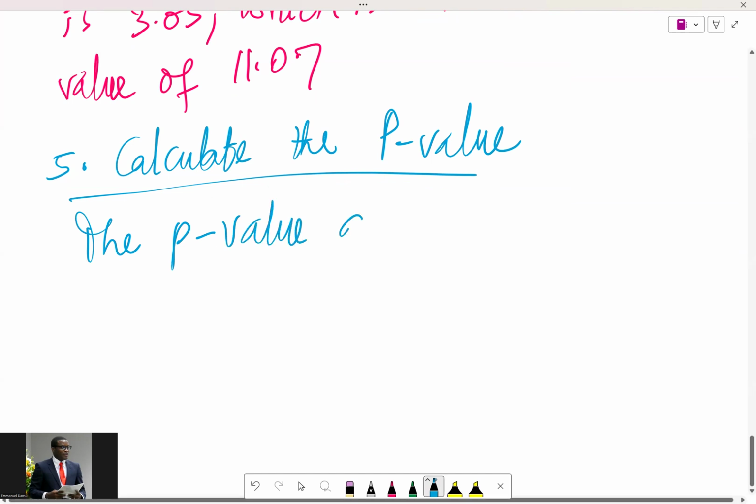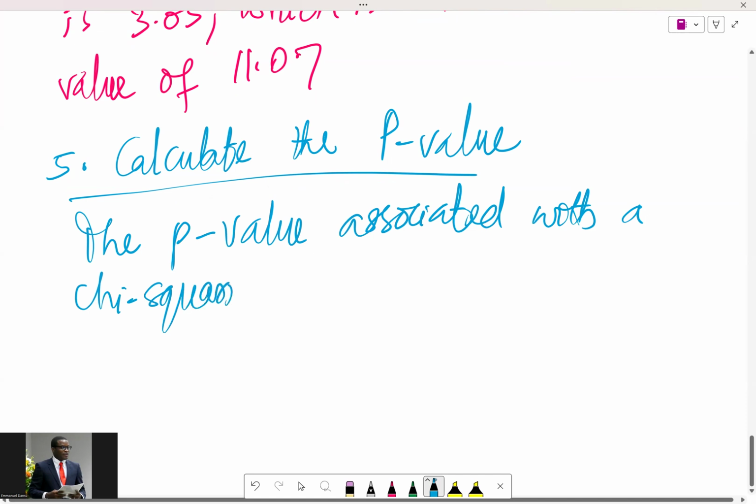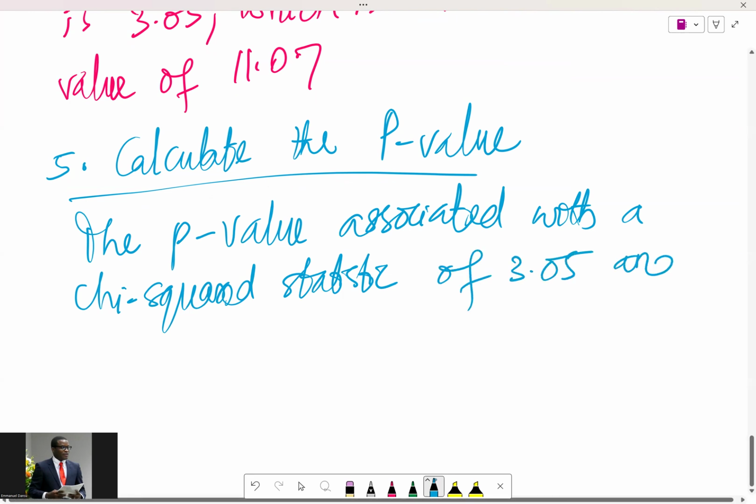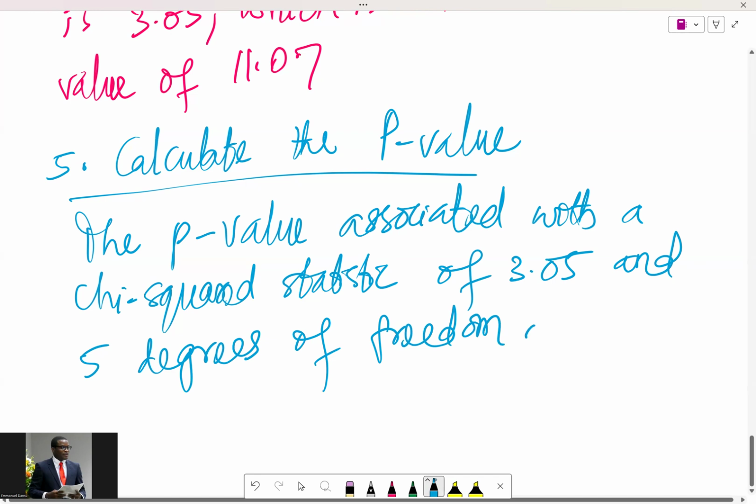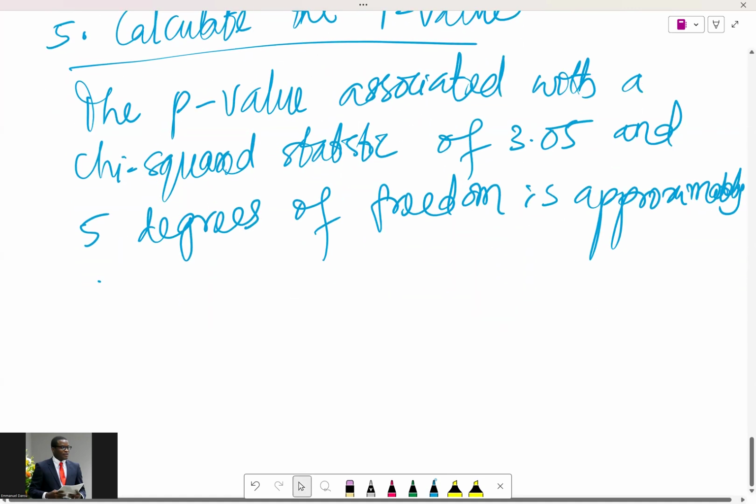So the p-value associated with a chi-squared statistic of 3.05 and 5 degrees of freedom is approximately 0.692.